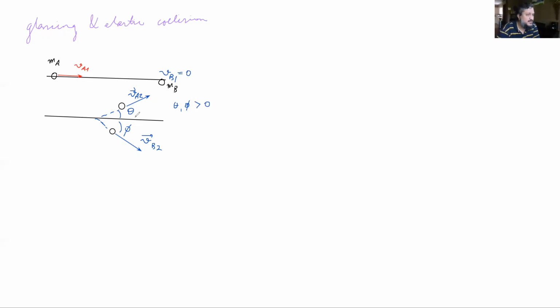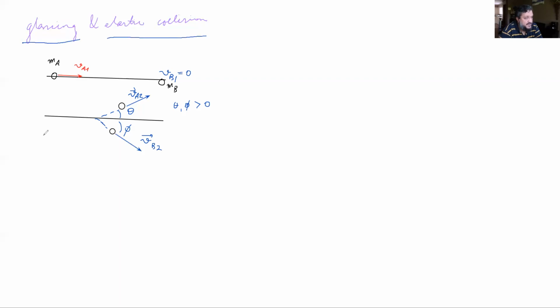Sometimes in some books you'll see phi as a negative number because it is below the x axis. Doesn't matter. Here's how I define it. So the problem is then finding these velocities. Okay, it's a glancing collision and also elastic.